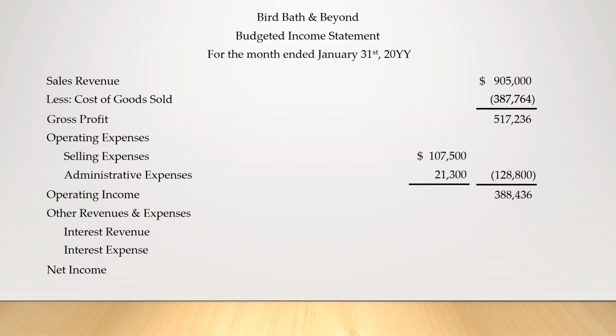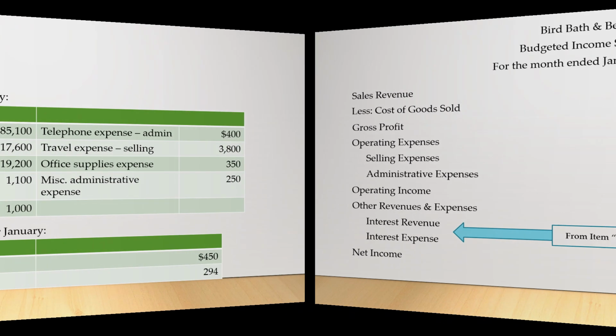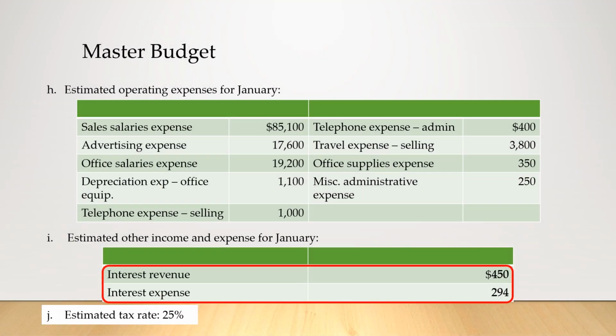$388,436. Interest revenues and expenses are in the schedule from item I. $450 of interest revenue and $294 of interest expense.